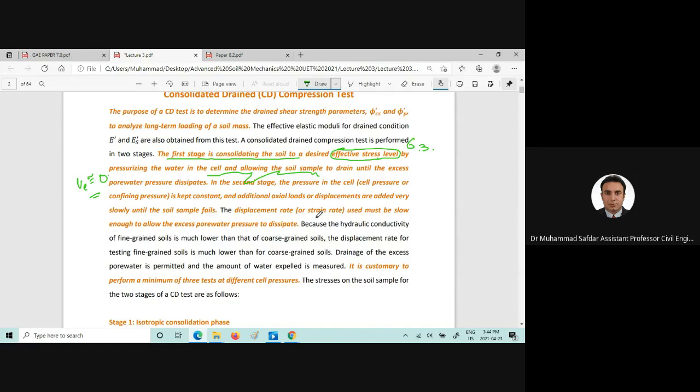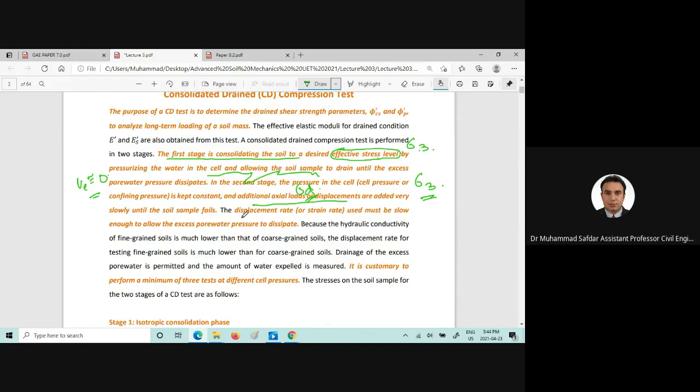Now, the pressure, which is sigma 3, is kept constant, and the additional axial loads or displacements, for example, sigma D, is applied until the sample fails.